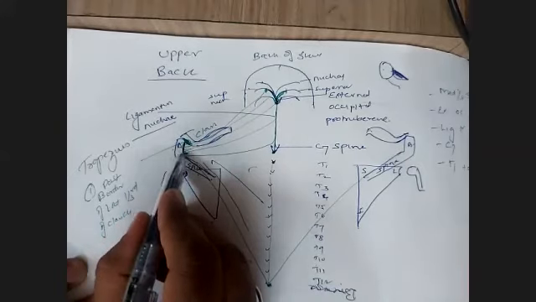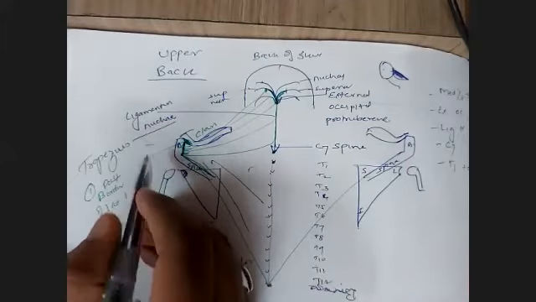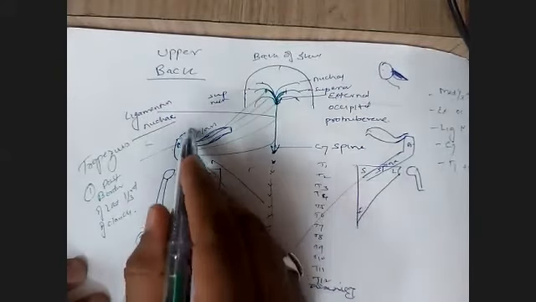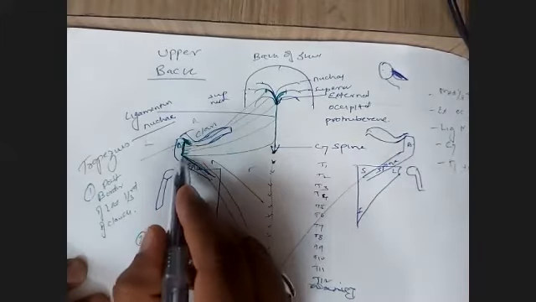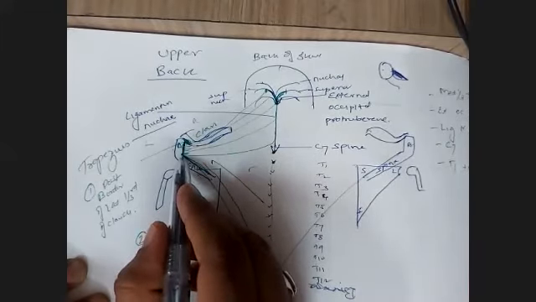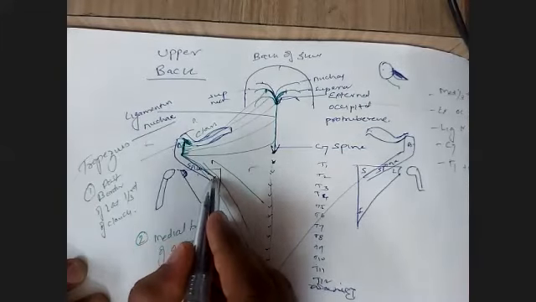Middle fibers go into medial border of acromion. Acromion has medial border, lateral border. So this side is lateral, this side is medial. This is anterior, so posterior. It is inserted on posterior border of clavicle, lateral 1/3, medial border of acromion, and upper border of spine.